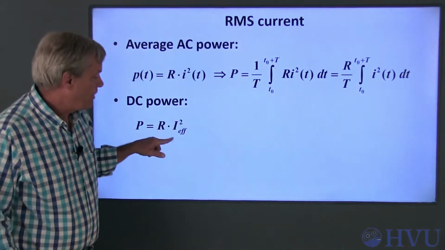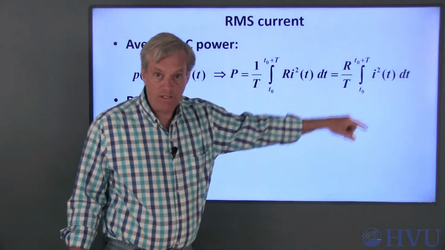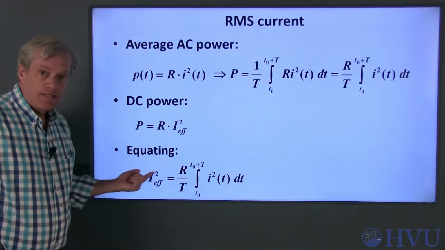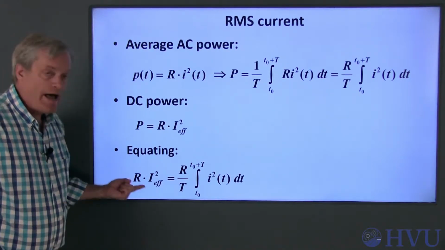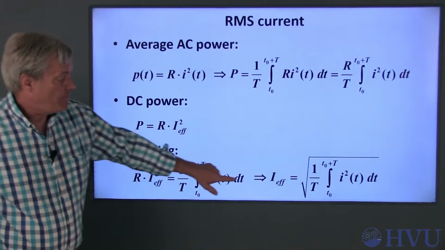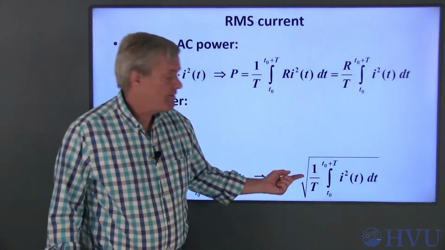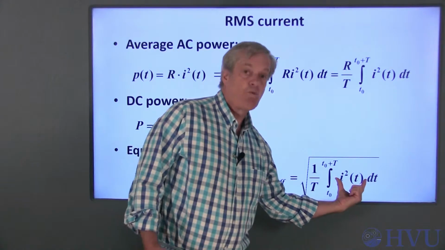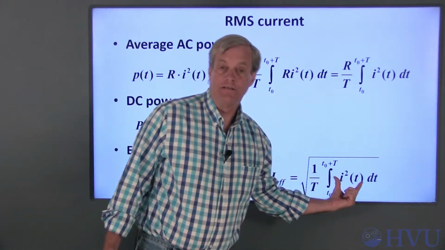To do this, we equate this expression and this expression. The resistances cancel out, and we can solve for I effective by taking the square root of both sides. So the effective current is the square root of the mean value of the square of the time-varying signal.